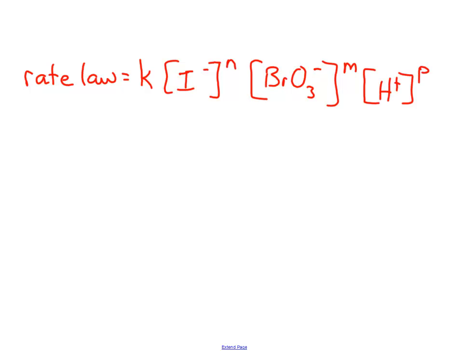Well, as we've looked at before, you're going to do one reactant at a time. So you need to look at the reactions where the concentration of iodide changes, but bromate and hydrogen stay constant. You did 8 reactions.